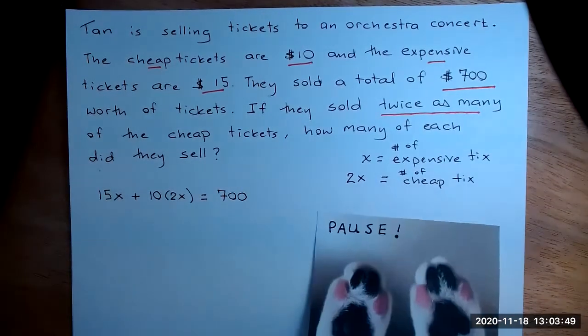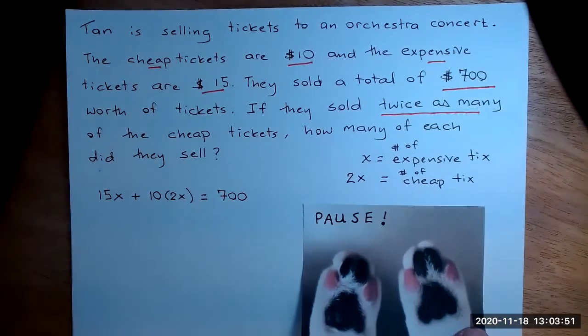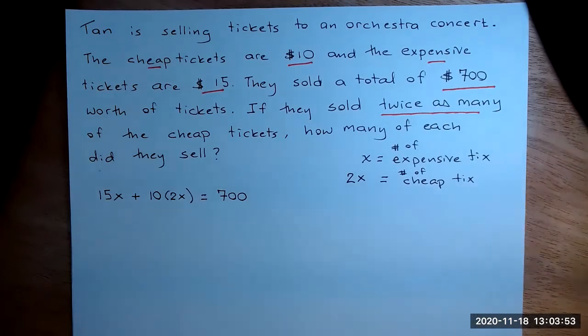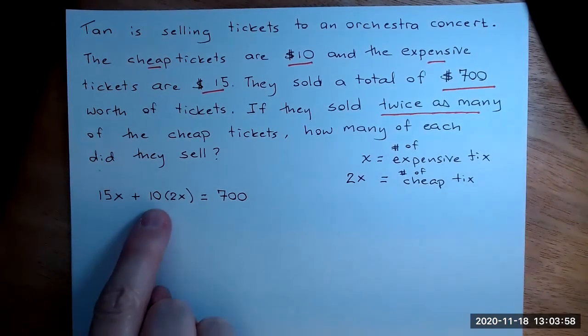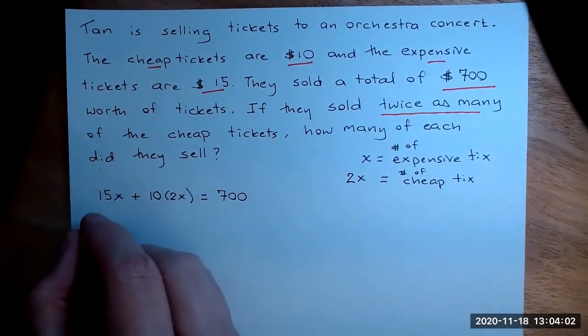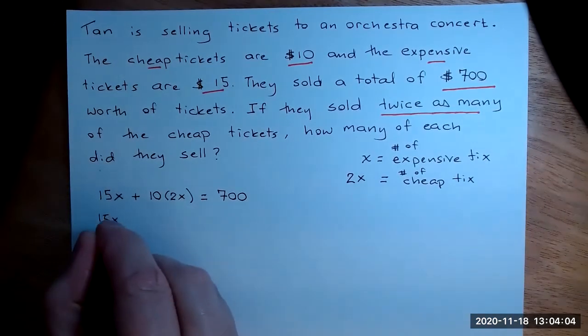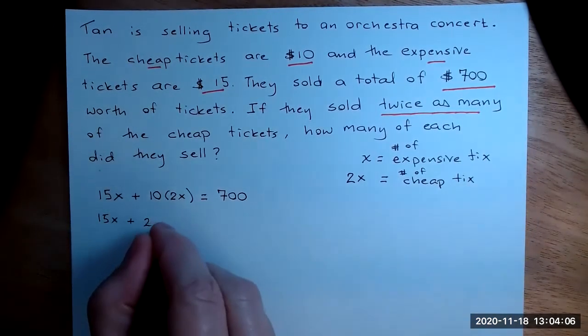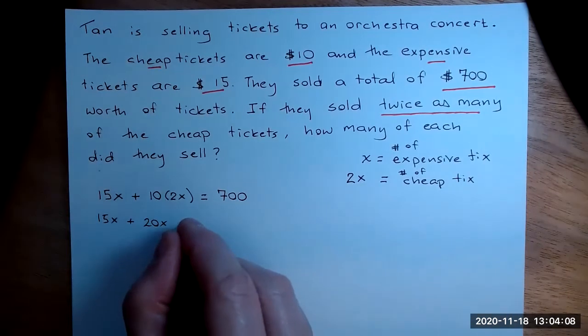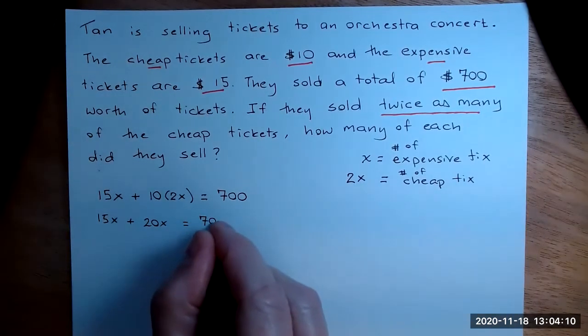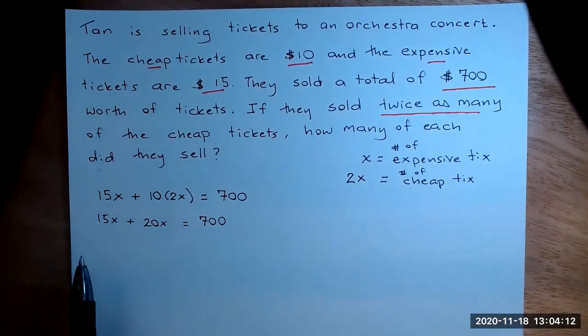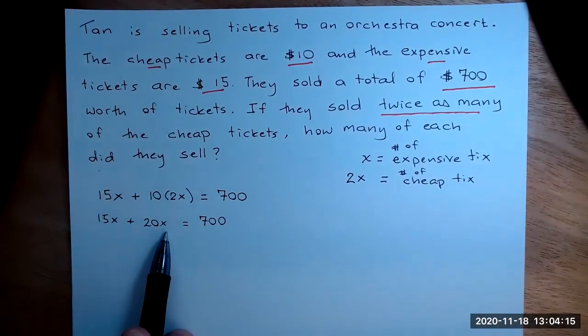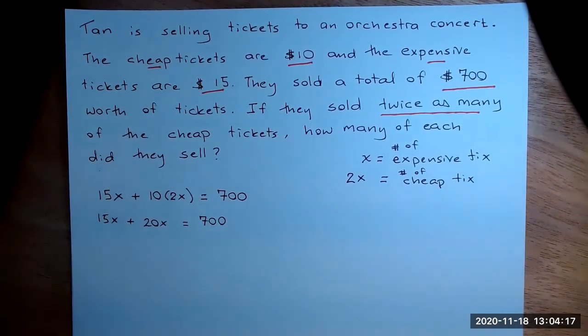And then again, if you want to try solving that on your own. All right, so the first thing we need to do is simplify each side. So 10 times 2x is 20x. Both x's are on the same side, so we want to combine like terms.